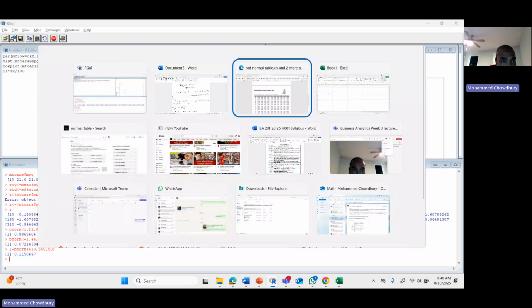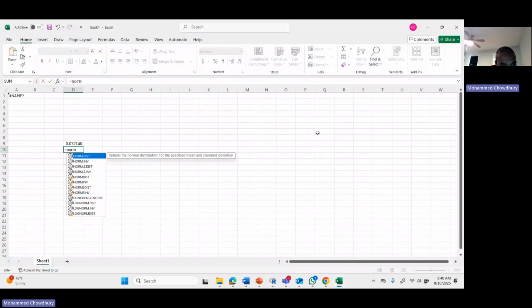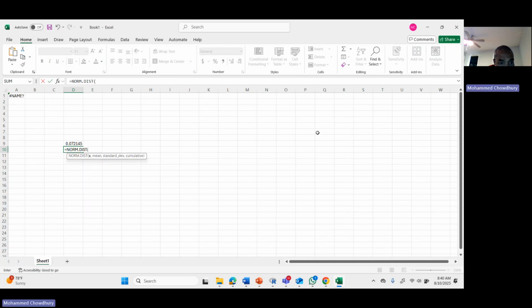I want to use norm dist, put here 610, then mean equal to 550 and standard deviation equal to 50, and then for cumulative I put true, and then I finish this and take 1 minus this.